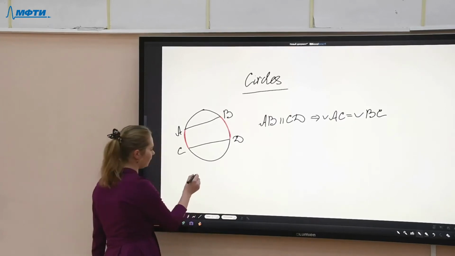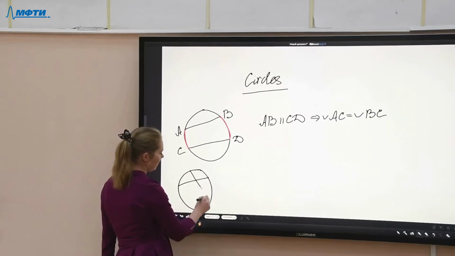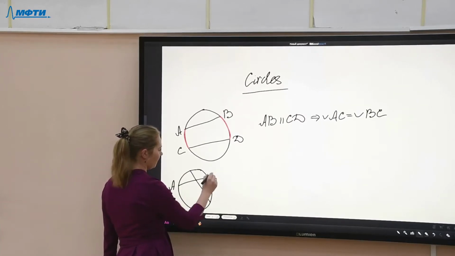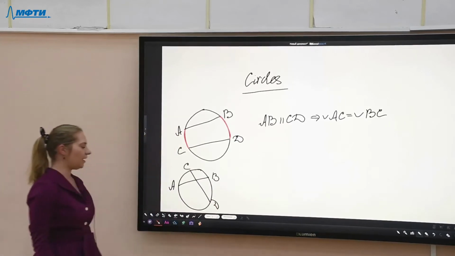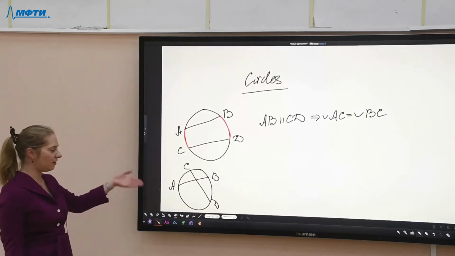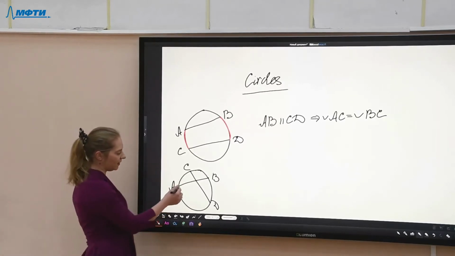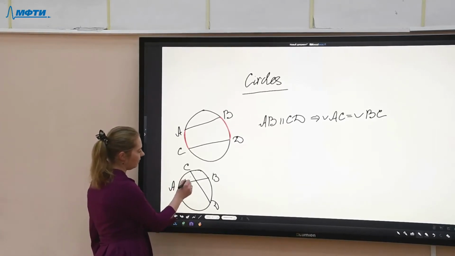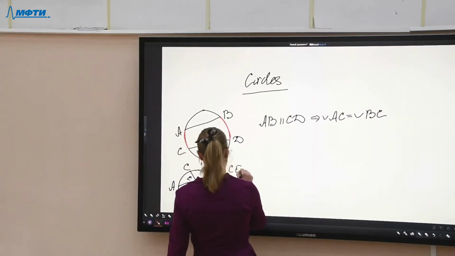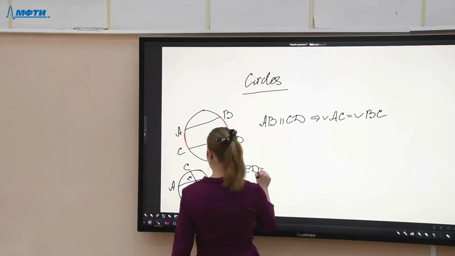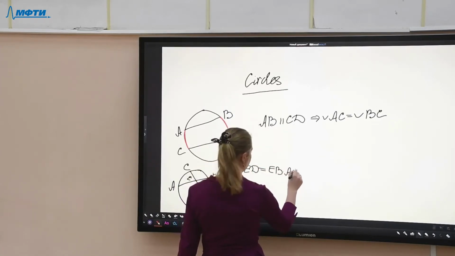If we have two intercepted chords, AB and CD, they can be perpendicular, maybe they are not perpendicular, doesn't matter. If the point of intersection is E, for example, we can say that CE times ED is EB times AE.